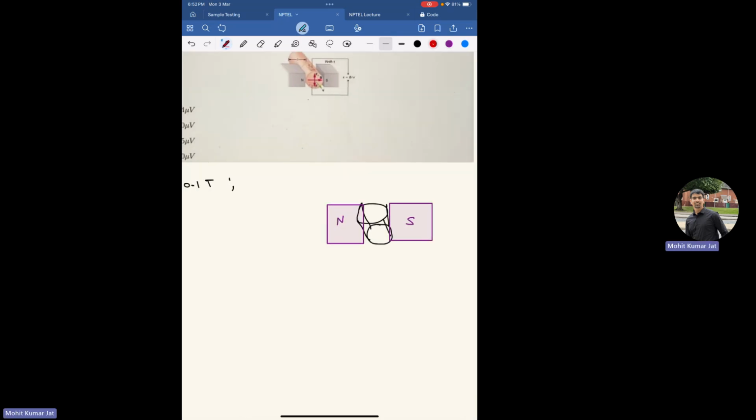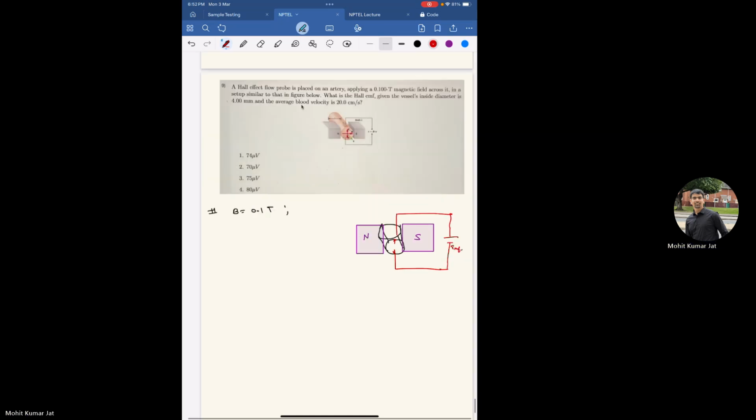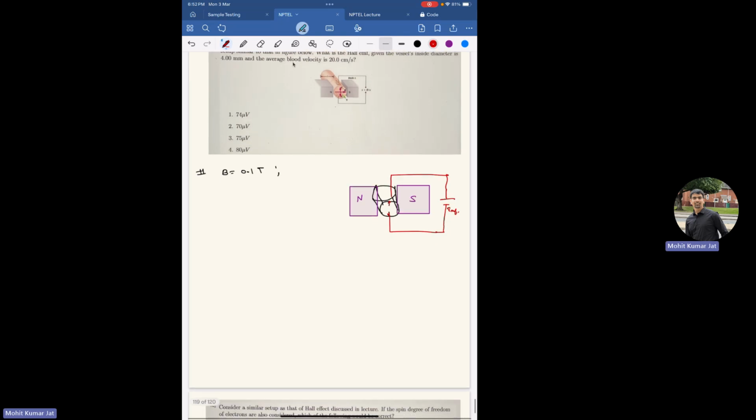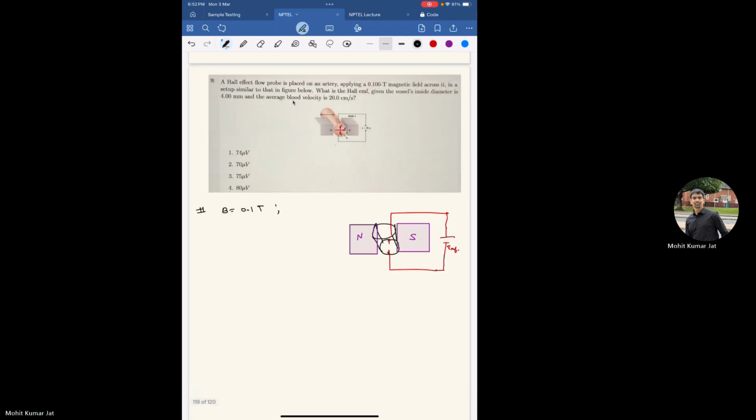Now if velocity is like this, the force will be on the upper side, and there will be an EMF across these 2 points. Right? Now B is 0.1 Tesla.